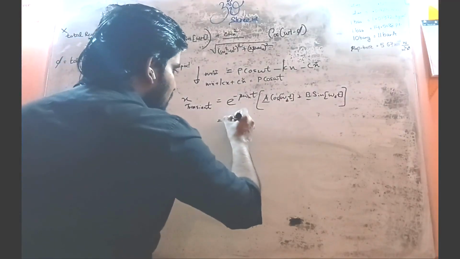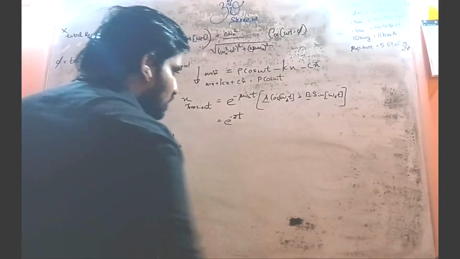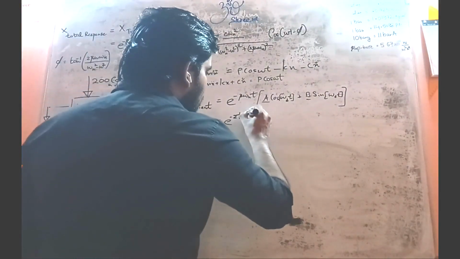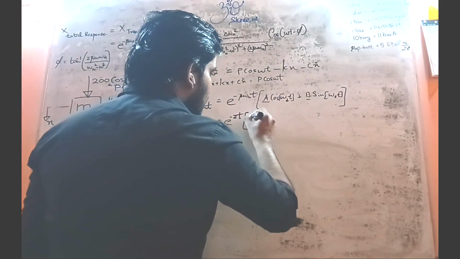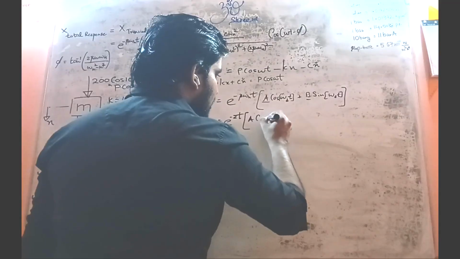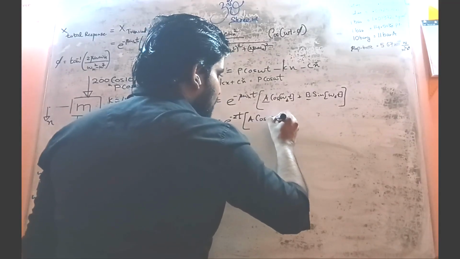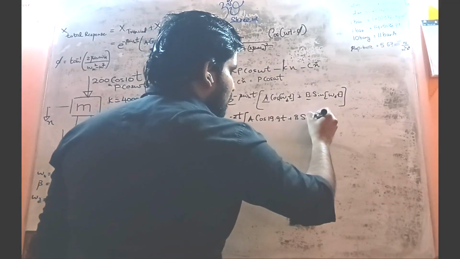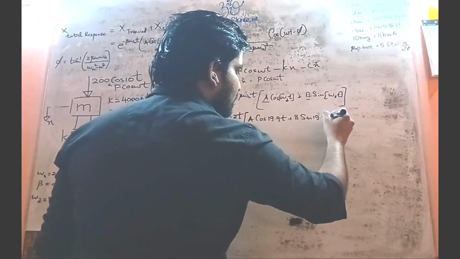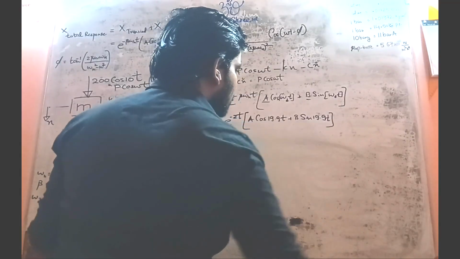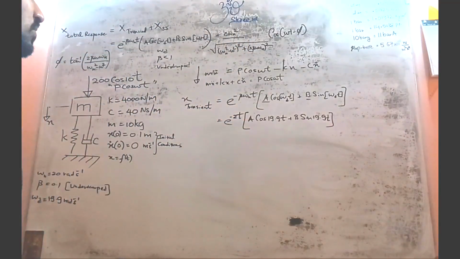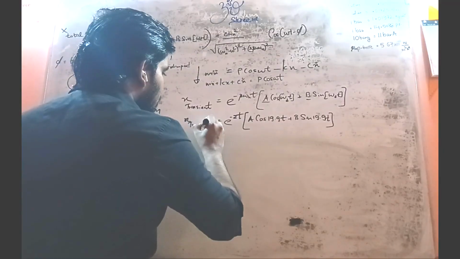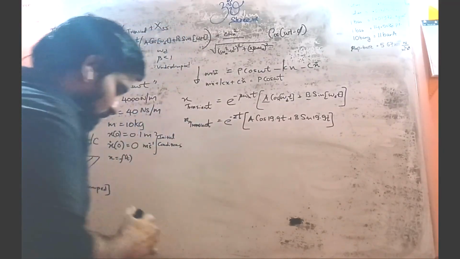So this will be e to the power minus 2t. Put some brackets: a cosine 19.9t, plus b sine 19.9t. So this is our transient solution.